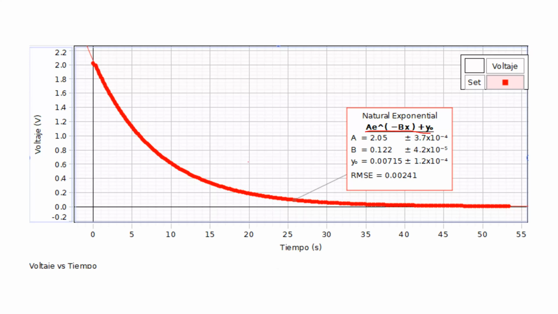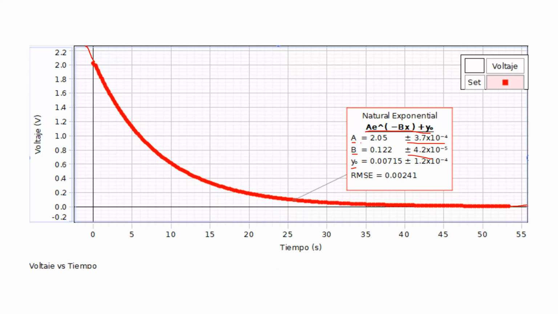And as you can see, it tells us the values for each of its variables, in this case a, b, and y0, as well as its uncertainties, which is the deviation from the, in quotes, perfect value, as well as the RMSE. Because it is very close, it almost cannot be seen, but as you can see here is the exact graph of this formula right here.